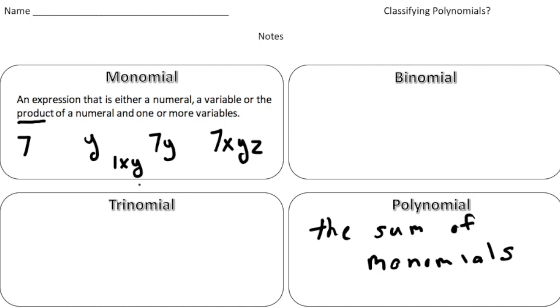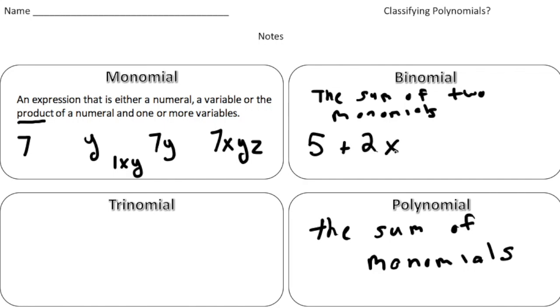Now that you know what a monomial is, a binomial is just the sum of two monomials. So we could say 5 plus 2x. That's an example of a binomial.